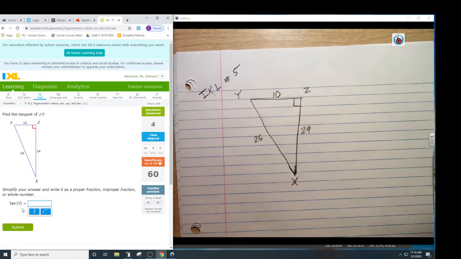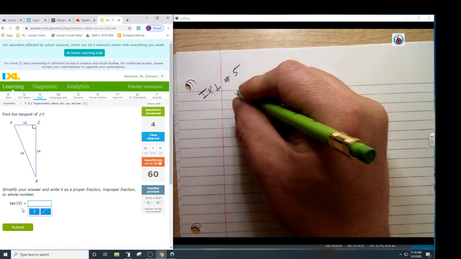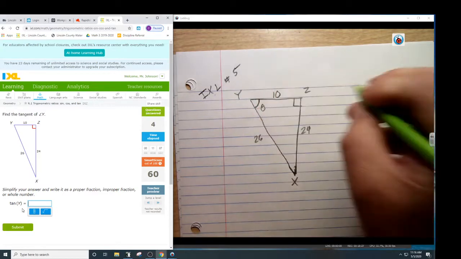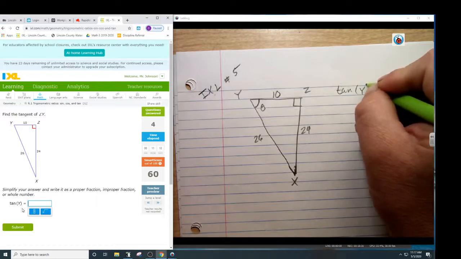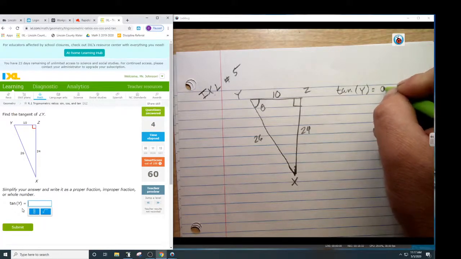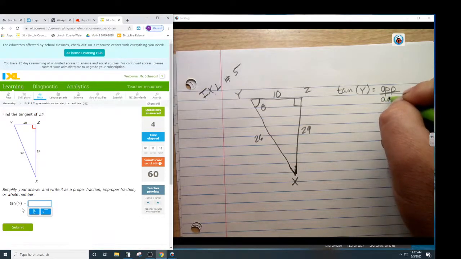All right. So now, looking at this, guys, we need the tangent of Y. So first of all, identify what angle it is. This is Y, so this is your theta. Okay. So tan of Y equals opposite over adjacent.